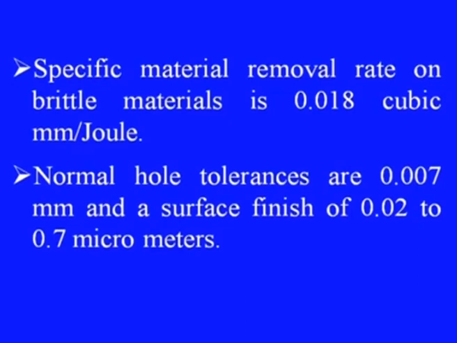Power units are usually 500 to 1000 watt output units, and in this process specific material removal rate on brittle material of 0.018 cubic millimeter per joule can be obtained. Normal hole tolerances are 0.007 millimeter and a surface finish of 0.02 to 0.7 micrometers can be obtained.